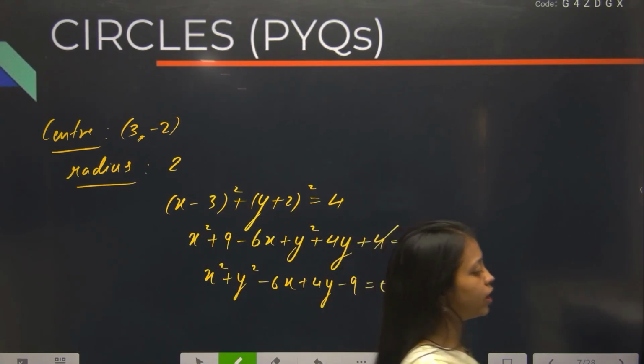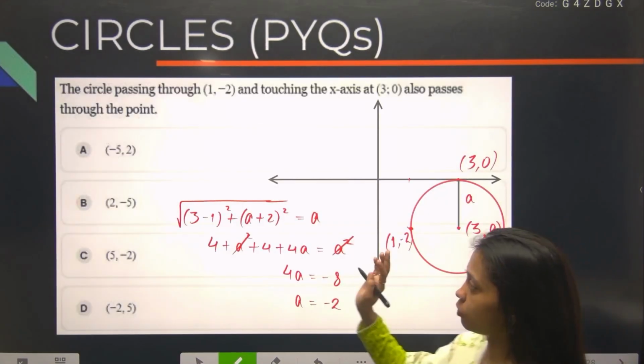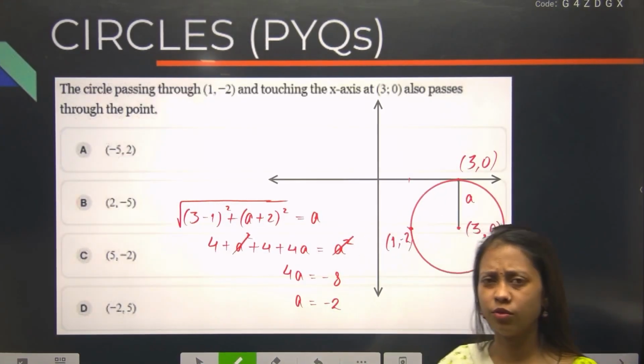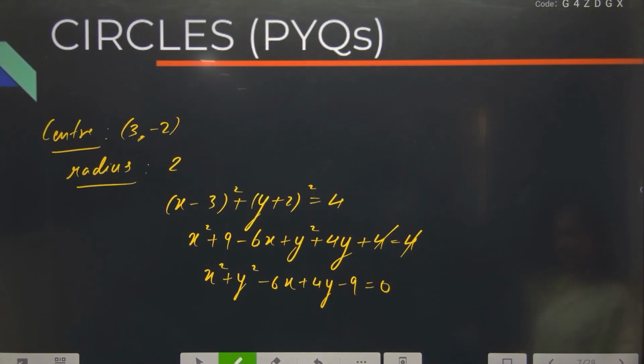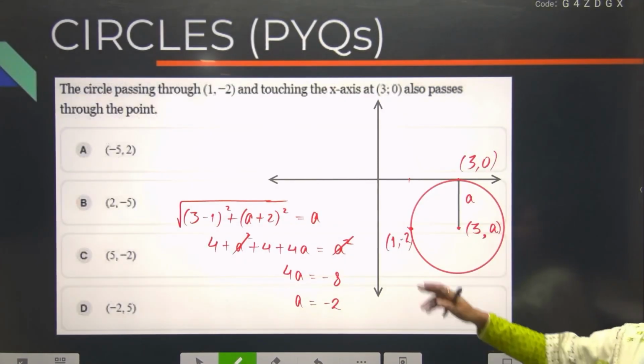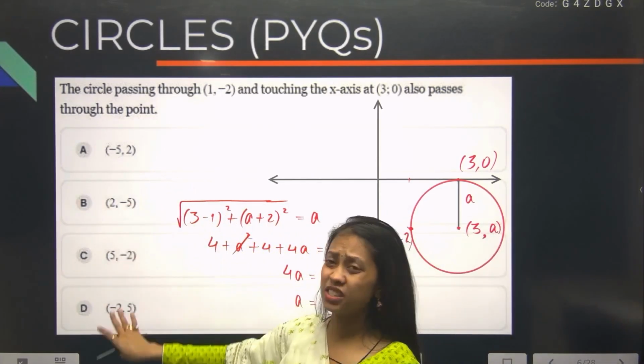So what is the point? Okay, they are asking about the point, right? You just take the point and see which point is satisfying. Let's try from the first. It says minus 5 comma 2, and all the points are very similar here, right?